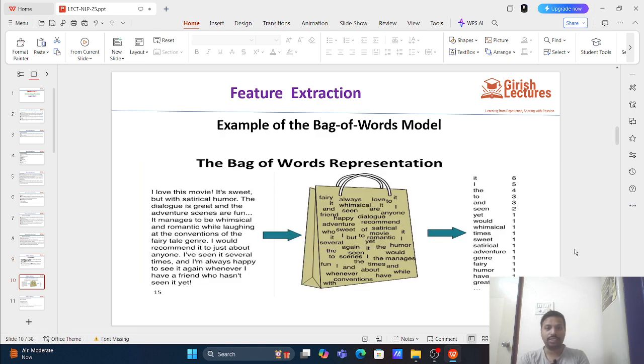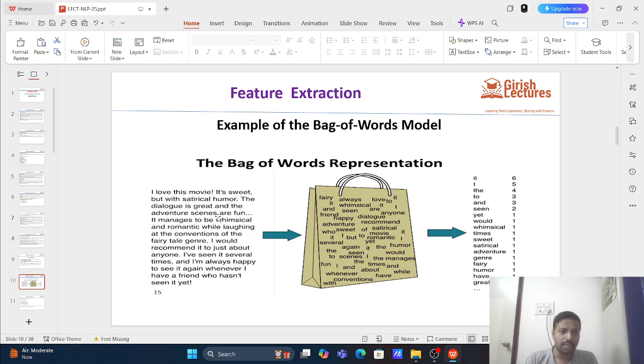If you take a simple example with a small topic like: I love this movie, it's sweet but with satirical humor, the dialogue is great and the adventure scenes are fun. This is the entire set of words of the topic.